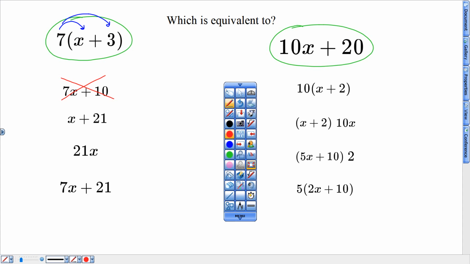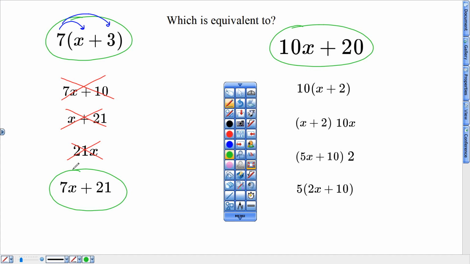Next one, of course, if I have just plain old x, that's forgetting to times the 7 times the x. That's timesing 7 times 3 though, but again, those are not equivalent. If I just times and get 21x, not equivalent. But you can see at the bottom, this is the only one out of that set that is equivalent, 7 times x and 7 times 3.